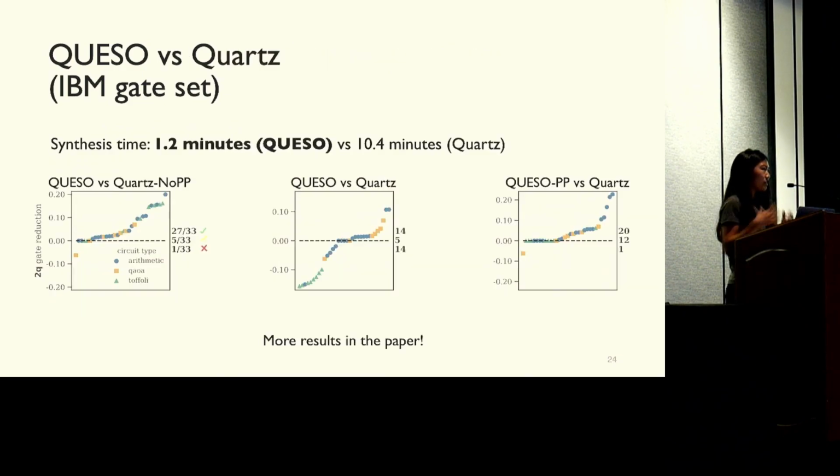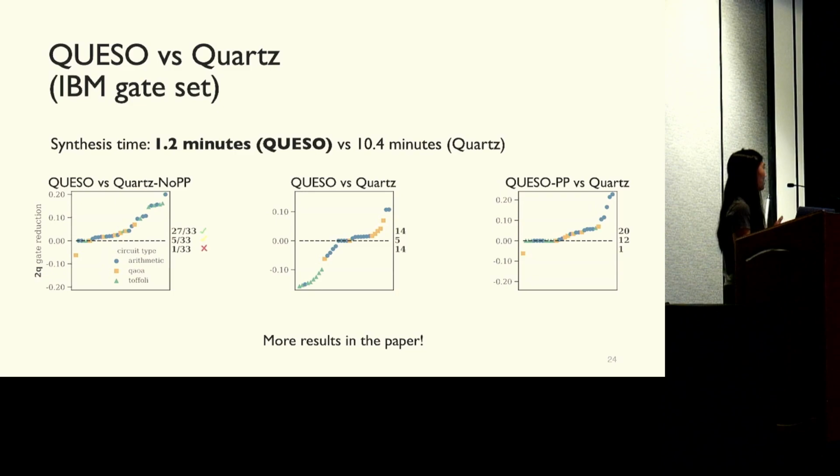And if you're familiar with this line of work, you might be wondering how we compare against Quartz, which is a super optimizer for quantum circuits that has some similar ideas because they want to synthesize these rewrite rules to super optimize. But some key differences are that we have this notion of symbolic rewrite rules, and Quartz is applying a preprocessing phase with some domain-specific optimizations that we're not doing.